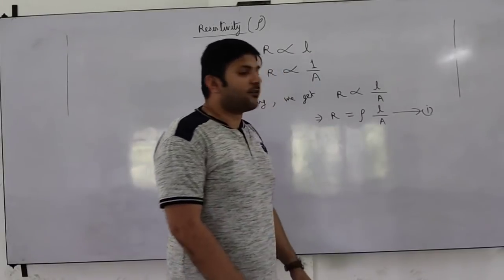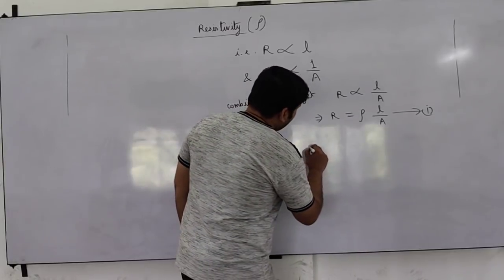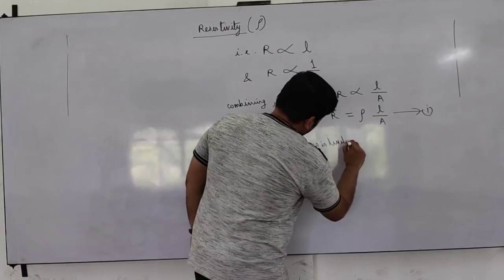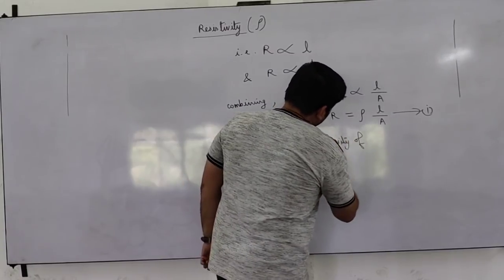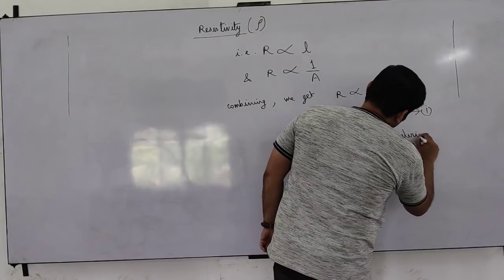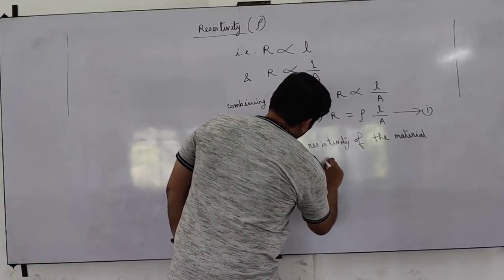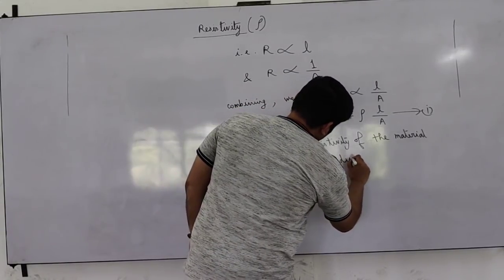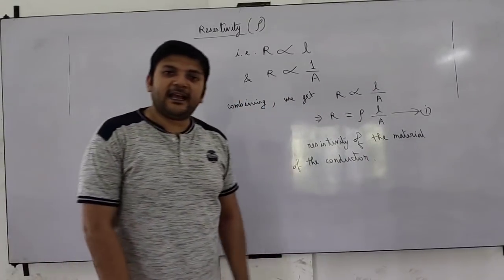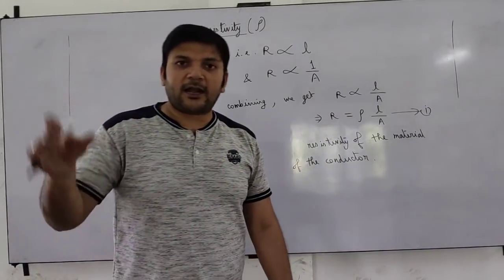Rho is the proportionality constant, and it is called the resistivity of the material of the conductor.